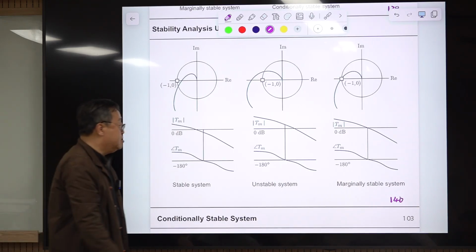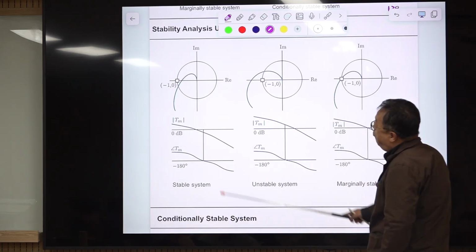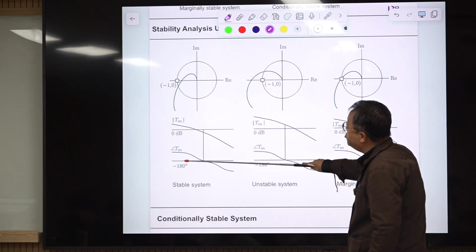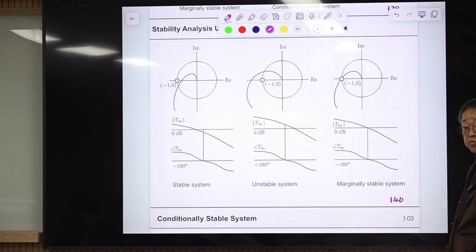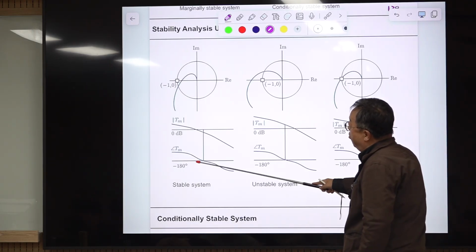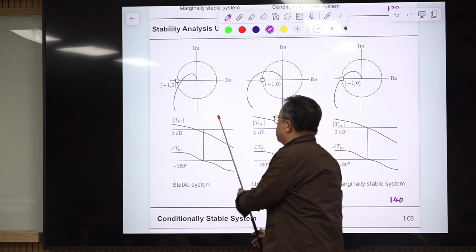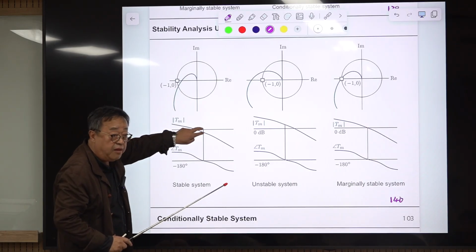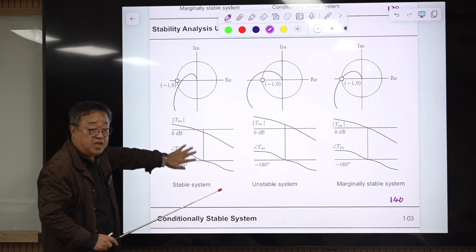The criterion to be used is when the phase becomes minus 180 degrees. If there is no such frequency, then the system is stable. You don't have to worry about that. If there exists one frequency where the phase falls to this value, then take a look at the magnitude. If the magnitude is below 0 dB, that means this length is smaller than 1, and the system is stable.